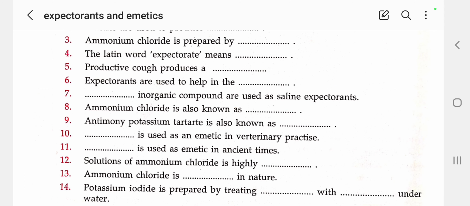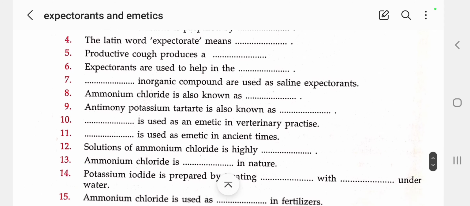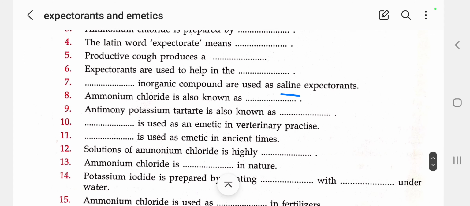Next, ammonium chloride is also known as sal ammoniac, or muriate of ammonia, or Amchlor. Okay, and next one, ninth question, antimony. Here this is an unwanted question, so you just leave it.